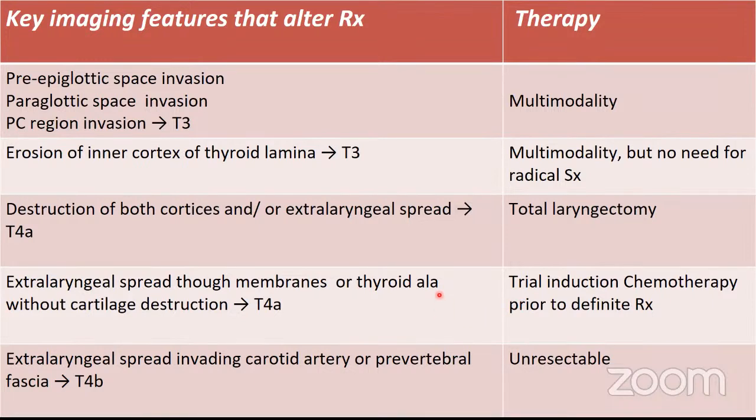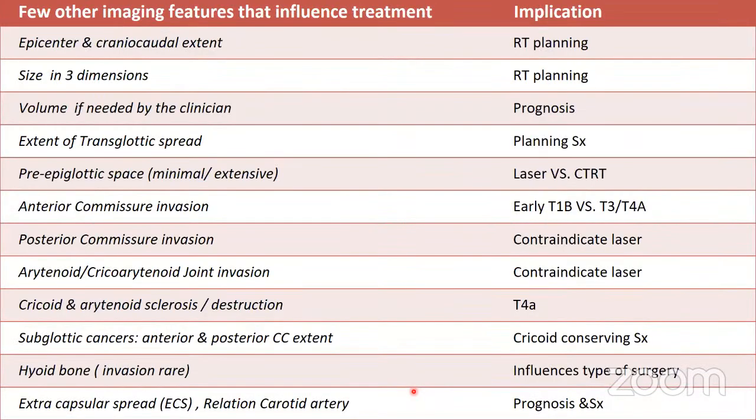If there's some response, then that could be followed by definitive treatment. If there is significant exolaryngeal spread with prevertebral fascia involvement or circumferential carotid artery encasement, these are the candidates which are palliative and unresectable.